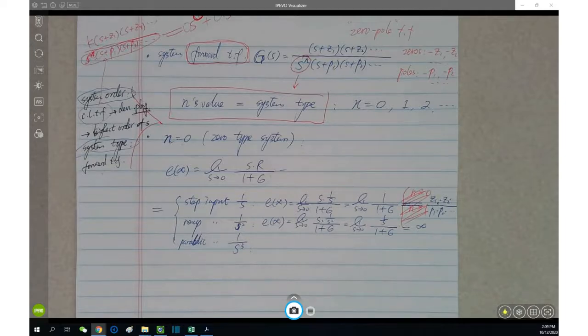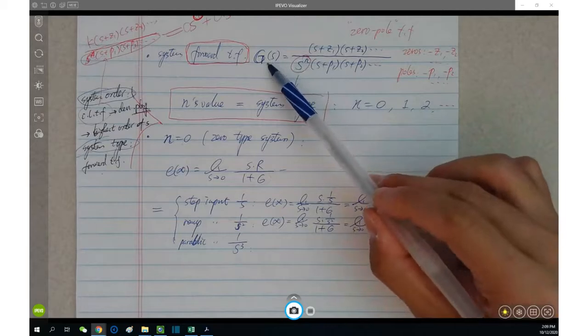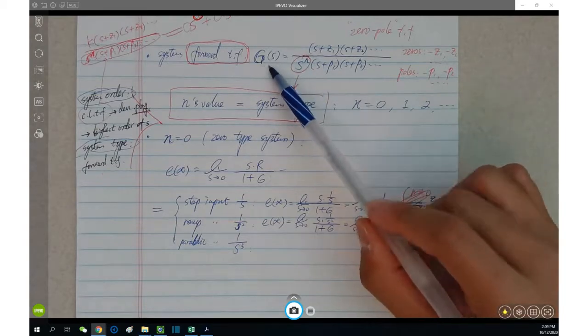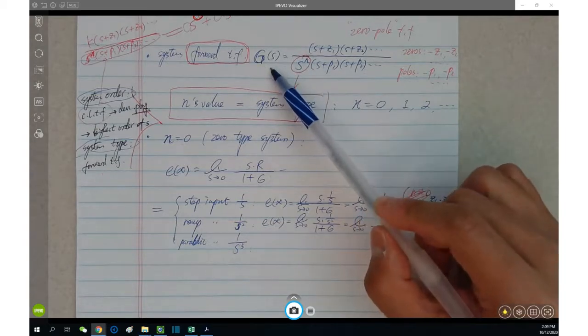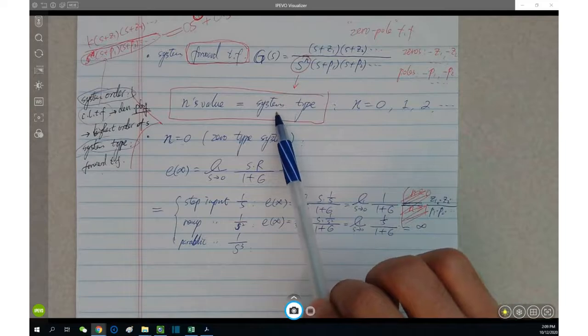Okay. And this G here, the bottom line is just like John just mentioned, everybody, the G here is G itself. Never involve your inputs yet. Let me talk about the system type. It's independent of the input. Does it make sense?